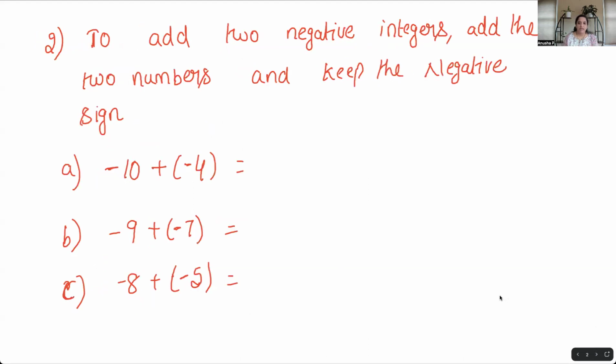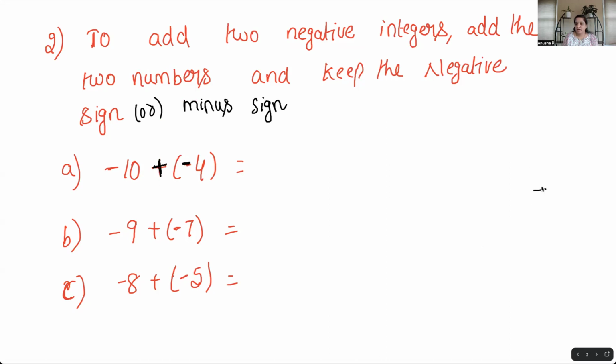Next, to add two negative integers, add the two numbers and keep the negative sign or minus sign. Okay. Before starting with examples, I just want to write a small table over here. So here we have a plus sign and minus sign, right?